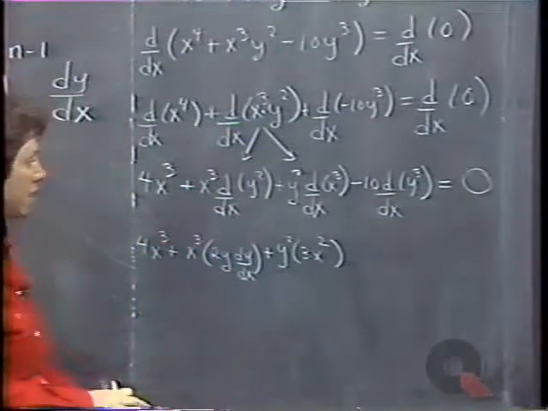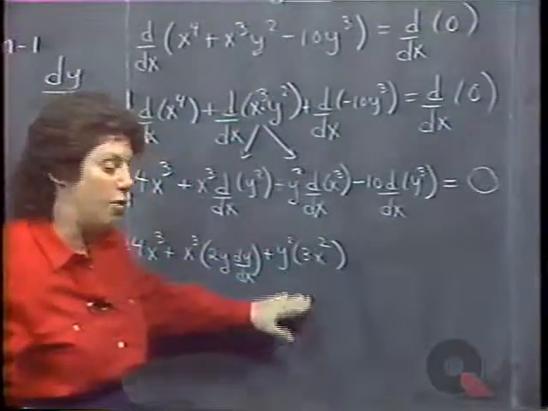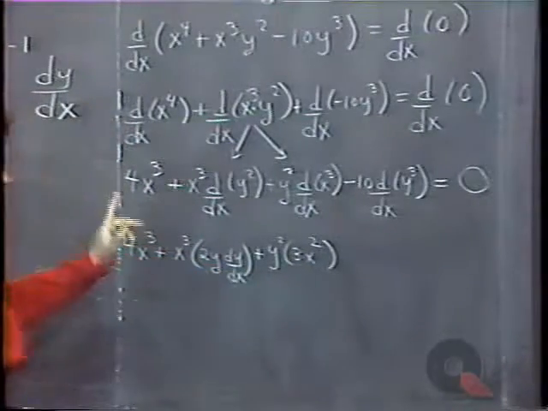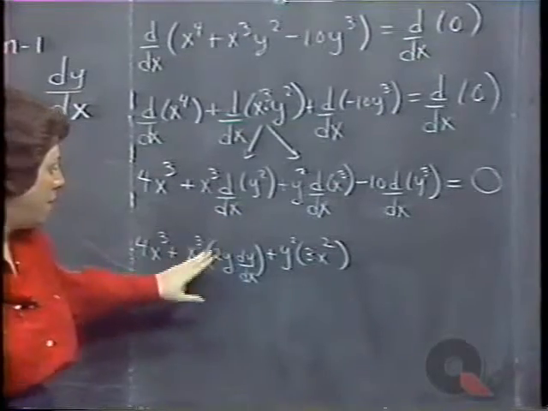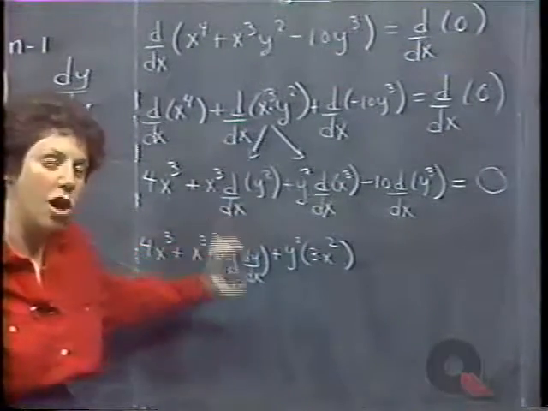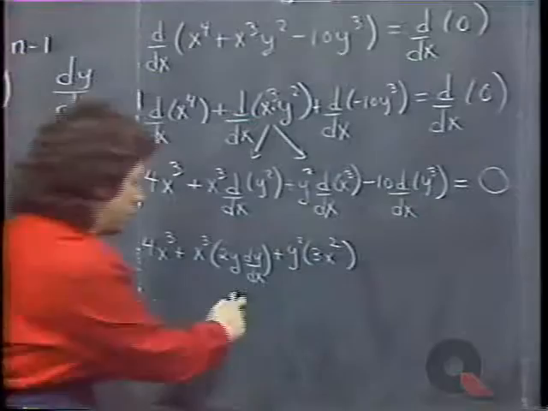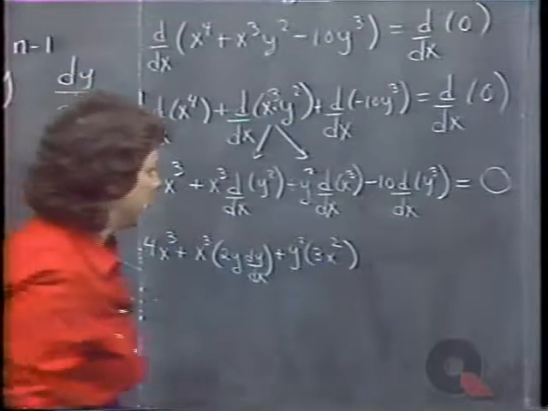X to a power with respect to x, when we do the derivative, that's the traditional way, nx to the n minus 1. However, when we have y to a power with respect to x, we have to go power times y to the 1 less power times dy dx. Don't forget to throw in the extra dy dx.